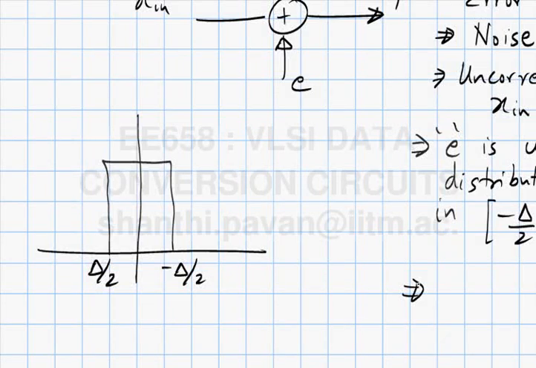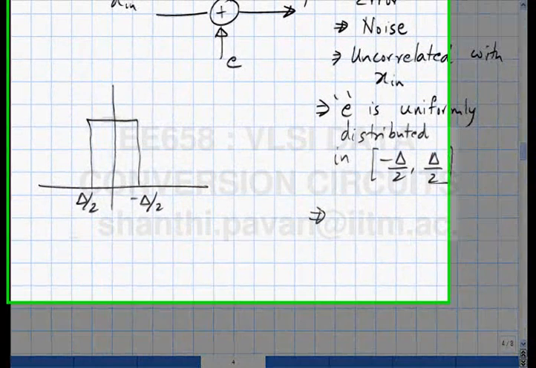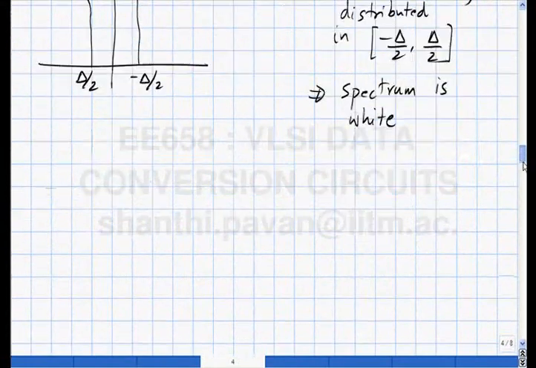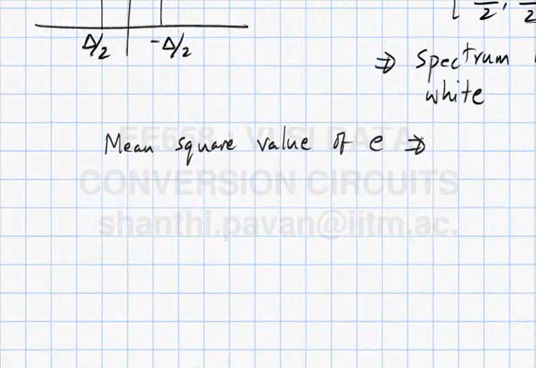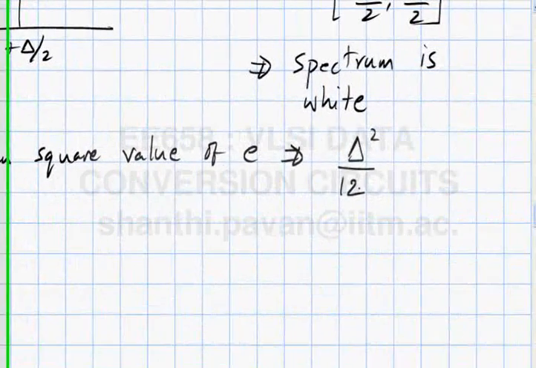You made 3 wrong assumptions, so you make the fourth one, which is that the spectrum is white. So what is the mean square value of quantization noise? A uniform random variable between minus delta by 2 and plus delta by 2 has a mean square value of delta square by 12. So these 4 mistakes are the only ones you are allowed to make.